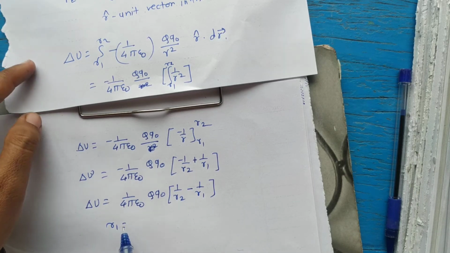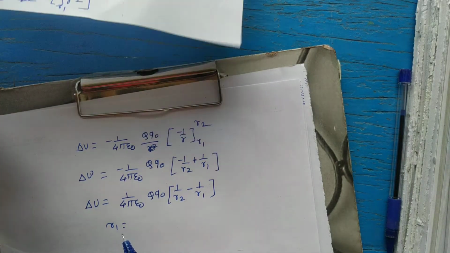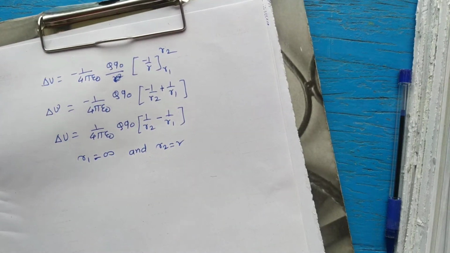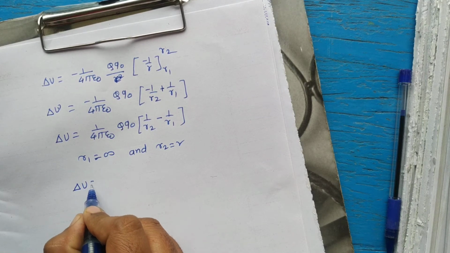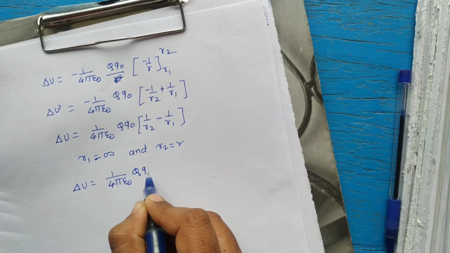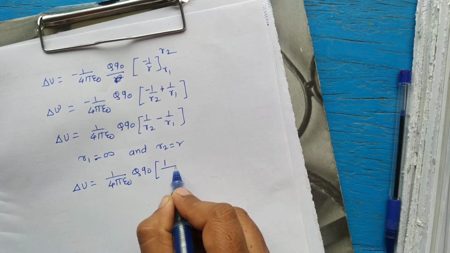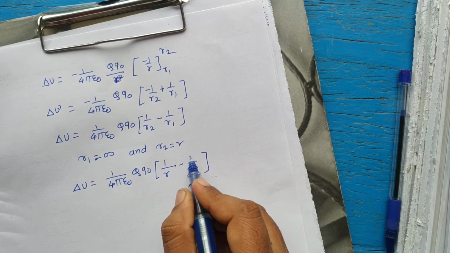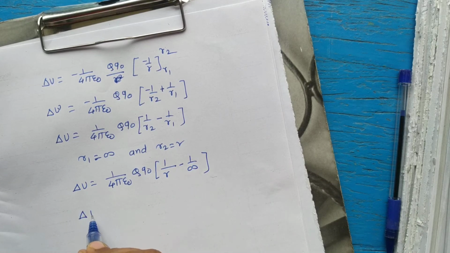If r1 is equal to infinity and r2 is equal to r, then we get delta U is equal to 1 upon 4 pi epsilon naught Q Q naught into 1 upon r minus 1 upon infinity. 1 upon infinity is equal to 0.